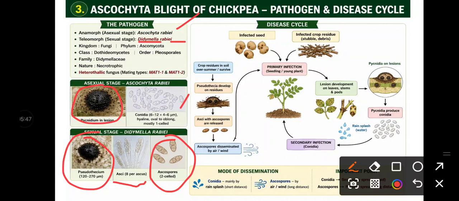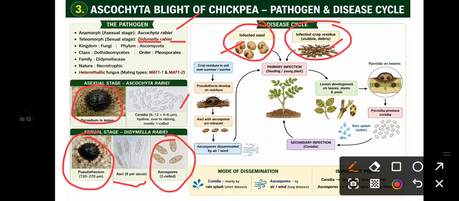Then about the disease cycle. The primary source of infection is the infected seed and crop residue. Both the conidia of the pycnidium as well as the ascospores of the pseudothecium are present on crop debris as well as the seed, and they act as the primary source of inoculum. This is a very important point.